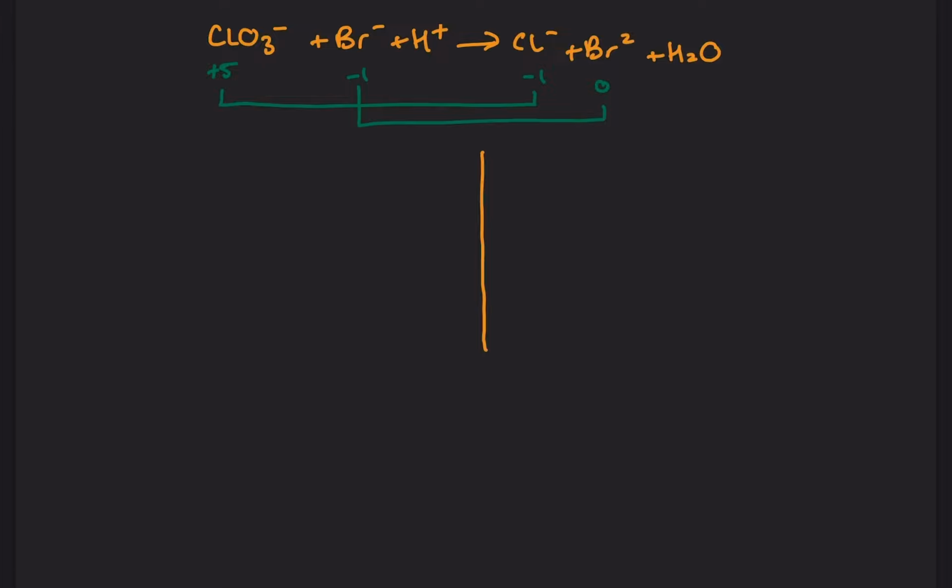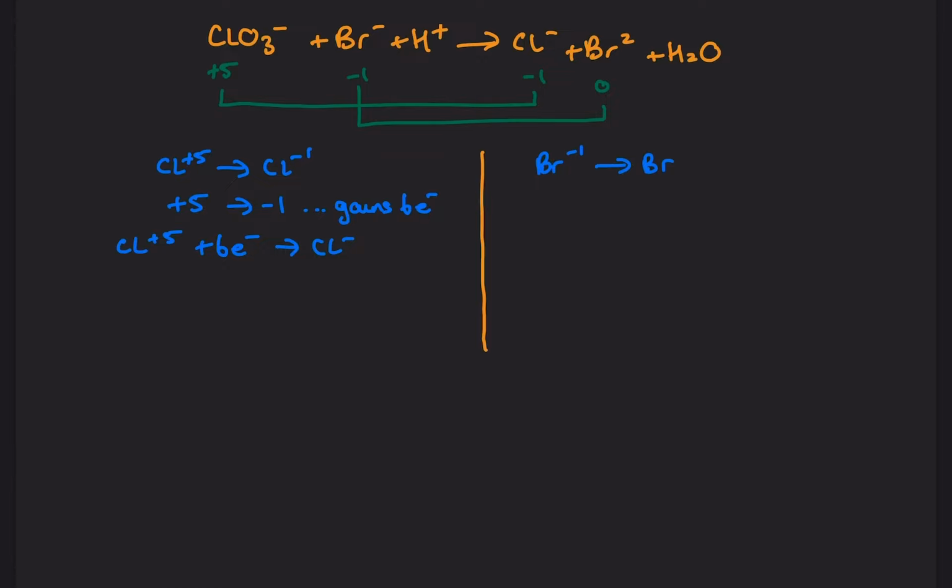Let's take a look. So the chlorine is going from a +5 to a -1. So that has gained a bit more negativity. So it's gained 6 electrons. If I was to write the half reaction, okay, so that's that done. Then the bromine, it's gone from a -1 to a bromine with no charge.